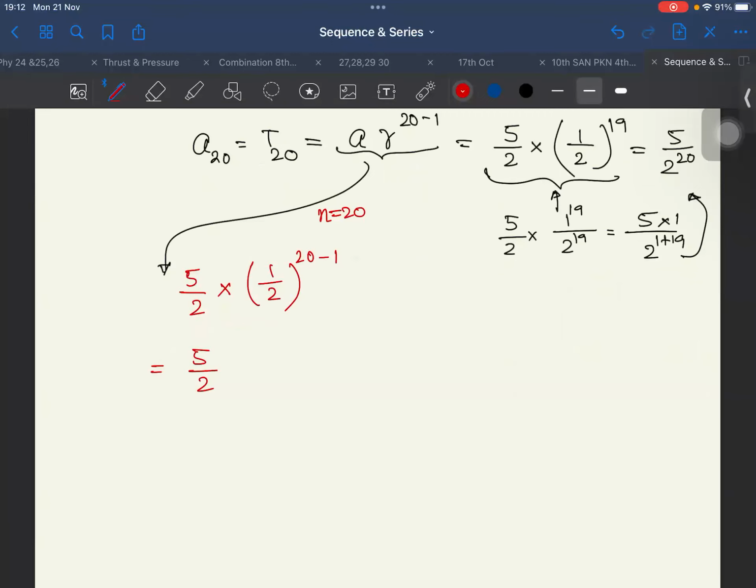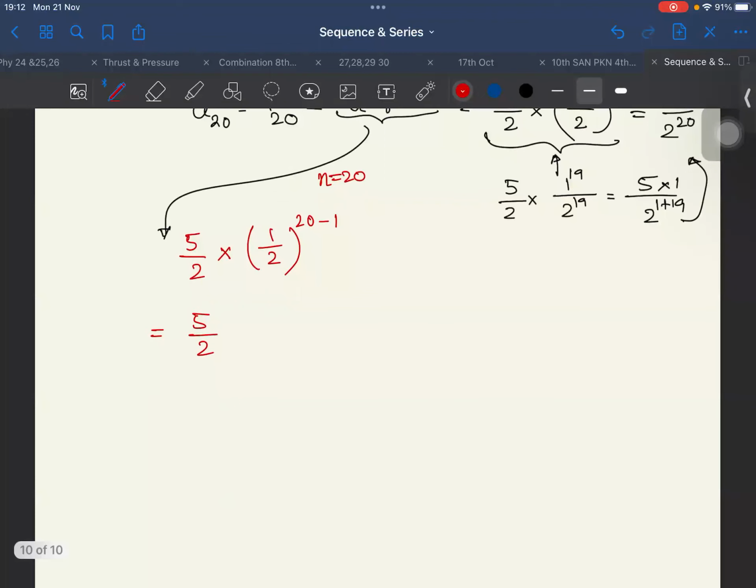Right now we are solving numericals. Can we write 1 upon 2 to the power of 19? Yes, sir. Okay, I'll write one step at a time. So 5 upon 2 multiplied by 1 to the power of 19 upon 2 to the power of 19.